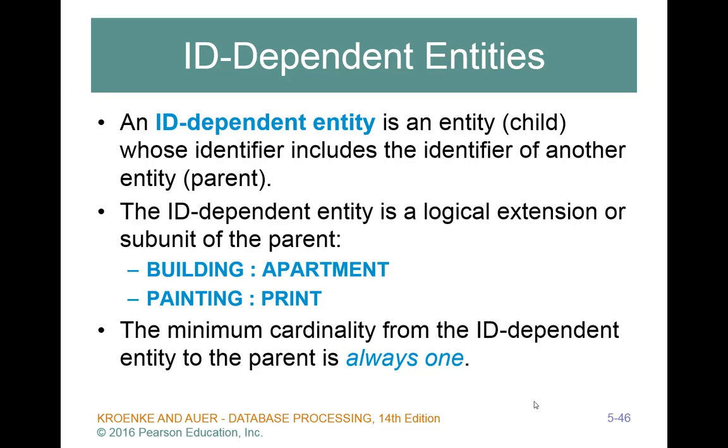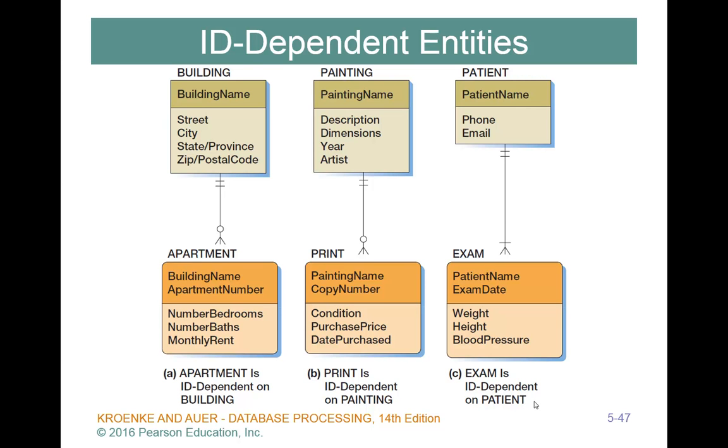So in our examples here, you notice building and apartment, and then painting and print. These are just logical extensions or subunits of the parent.